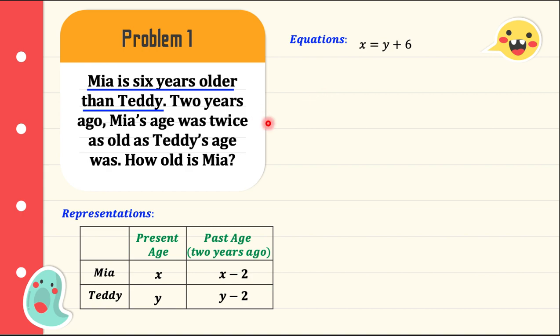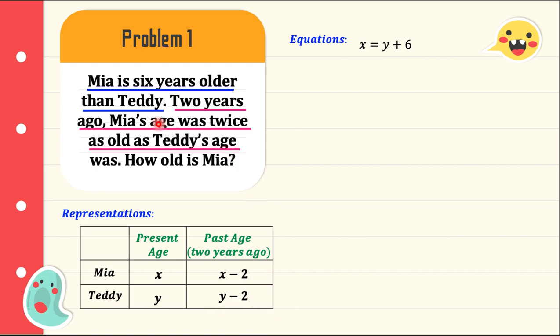And then for the second equation, we're going to use the second statement, which is 2 years ago, Mia's age was twice as old as Teddy's age was. So 2 years ago, we have to look at the table under the past age. This x minus 2 is the age of Mia 2 years ago, and y minus 2 will be the age of Teddy 2 years ago.